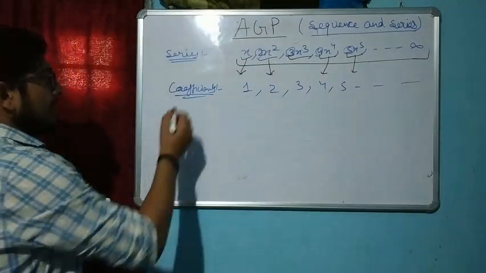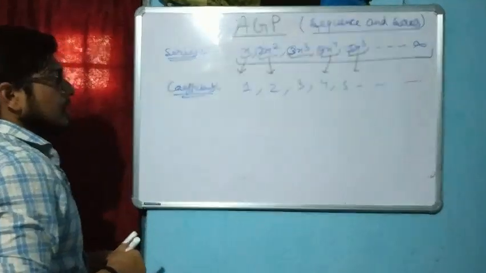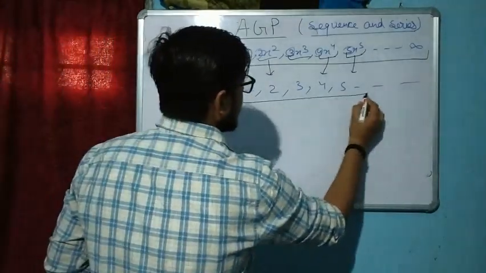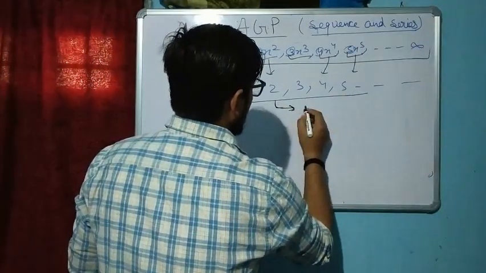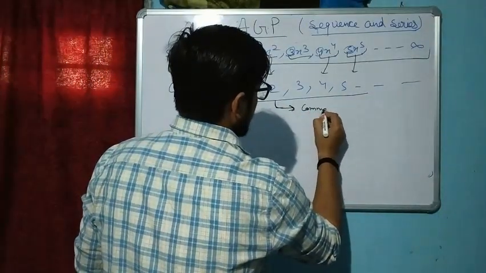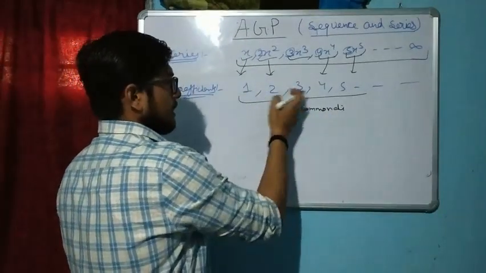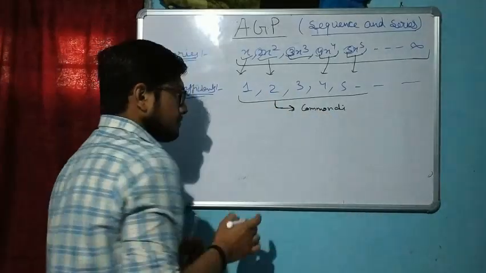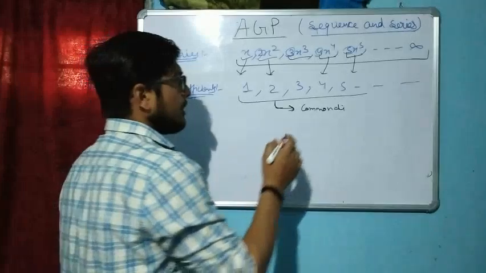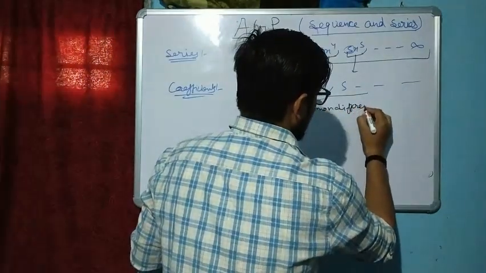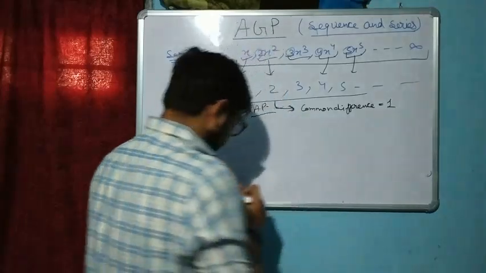As you can see, these coefficients are terms of an arithmetic progression having common difference equal to 1. If you subtract these terms, 2 minus 1 is 1, 3 minus 2 is 1, so each term is related to an arithmetic progression having common difference equal to 1. And all these terms are in AP.